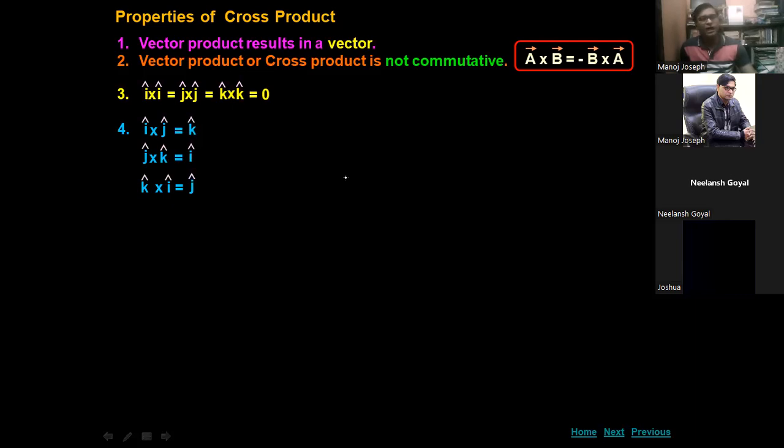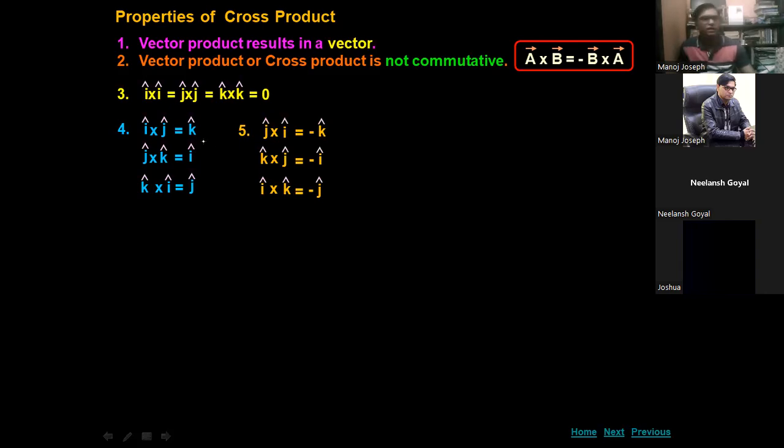But when you multiply I with j, it produces k, the third vector. Or when you take j cap cross k cap, it produces I cap, the third vector in 3D. Or when you multiply vector k cap cross vector I cap, the product will be j cap.